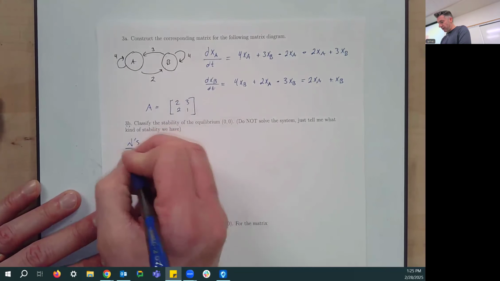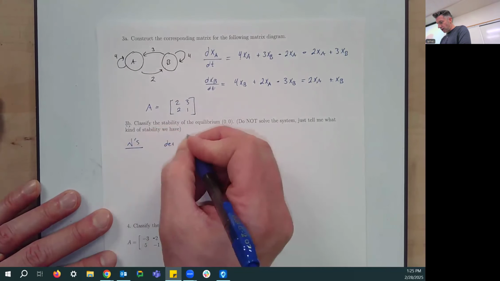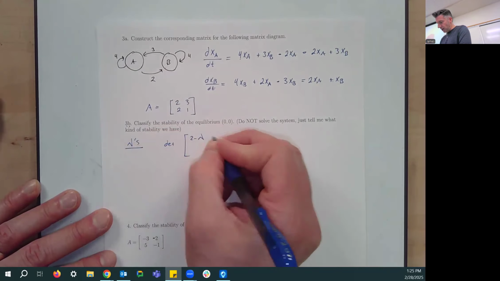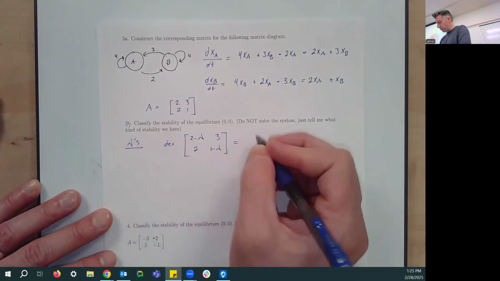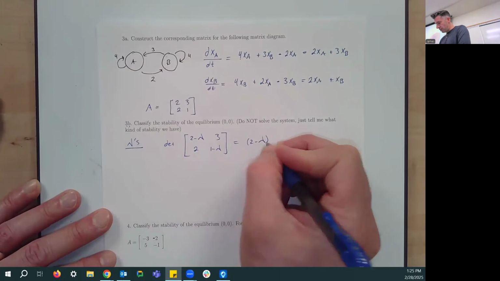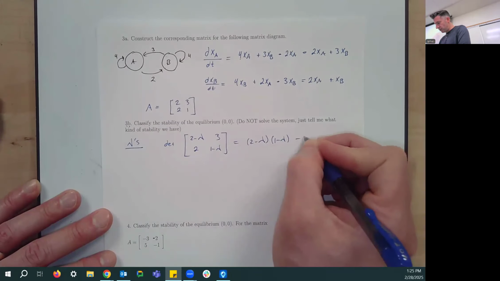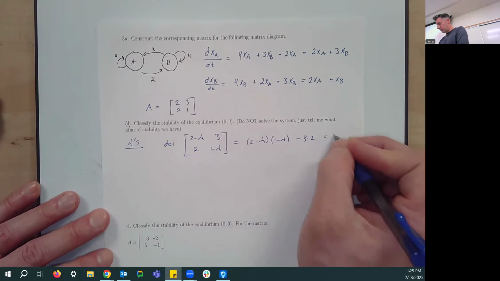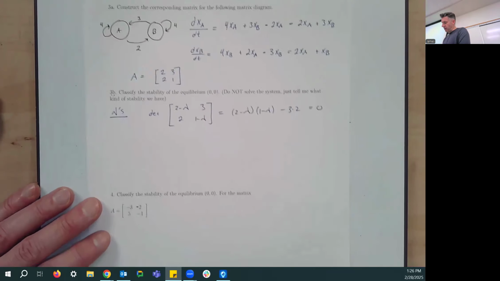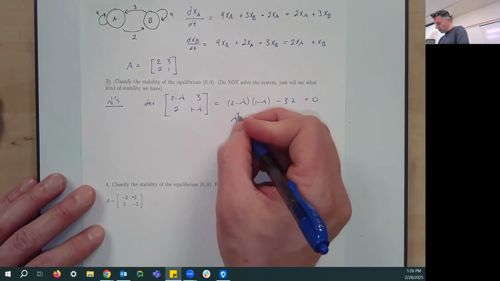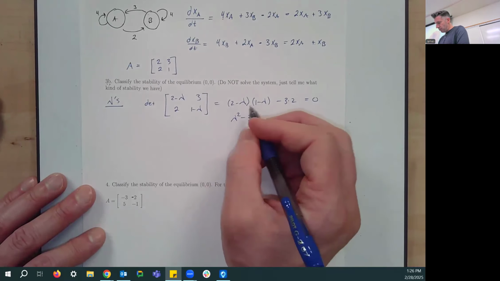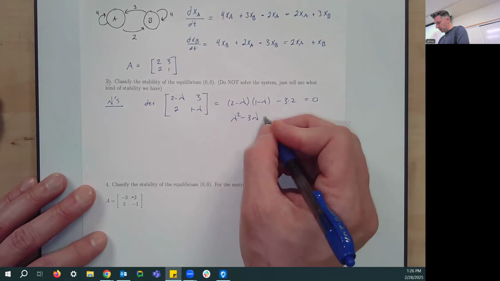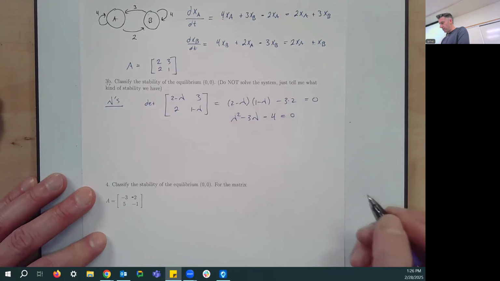To find the eigenvalues, we're going to find the determinant of A minus lambda I. We're going to say 2 minus lambda times 1 minus lambda minus 3 times 2, set that equal to 0. Simplify it a bit, and I get lambda squared minus lambda minus 2 lambda is minus 3 lambda, plus 2 minus 6 is minus 4, equal to 0.